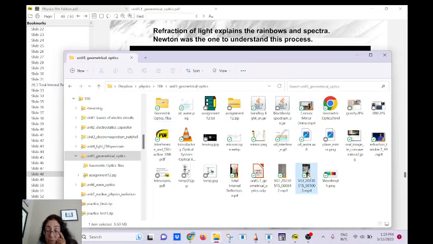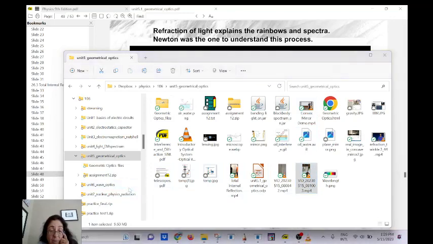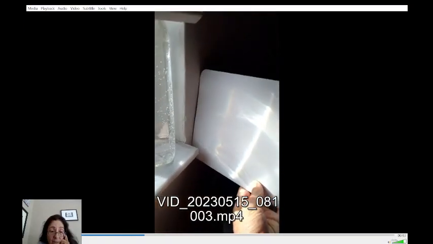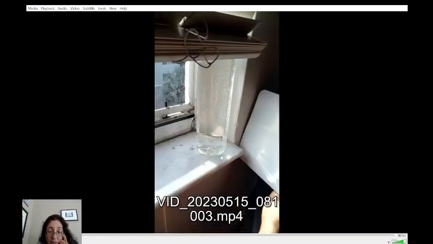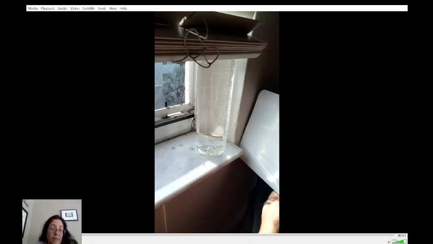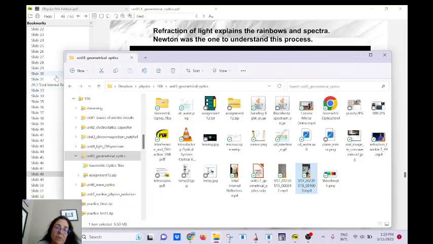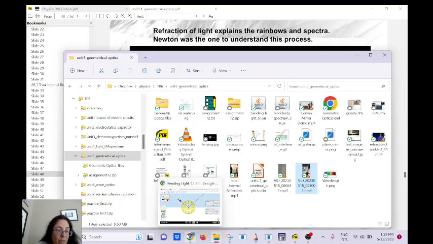The shape of the bottle is not round, it cannot be round. It has a kind of square base here. That's how you can get a prism. It can work like a prism.